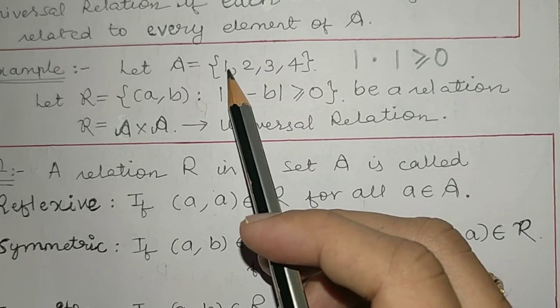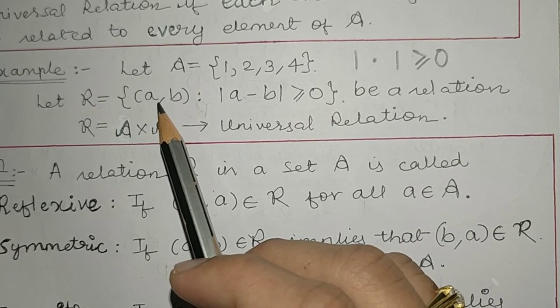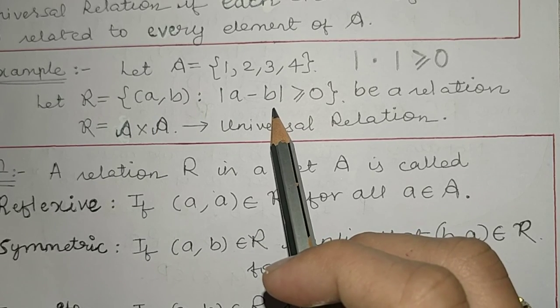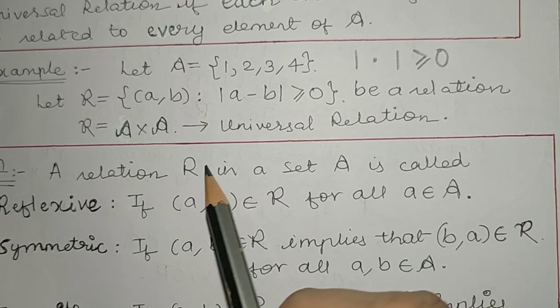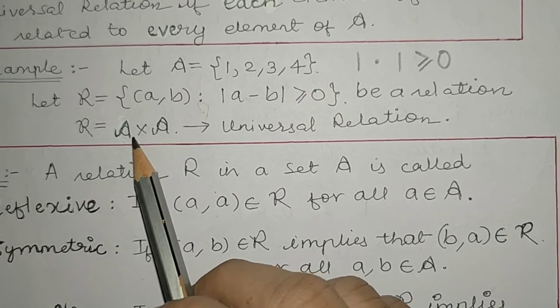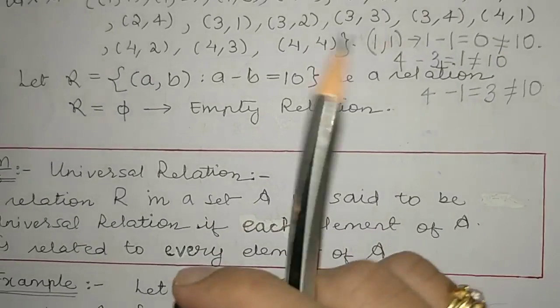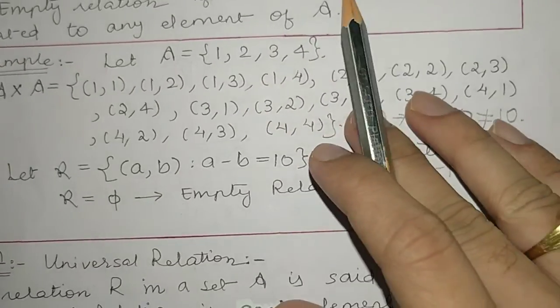So every element in the relation R will satisfy this condition. So you will get the relation R as all the elements in the set A cross A. I have taken the same example.